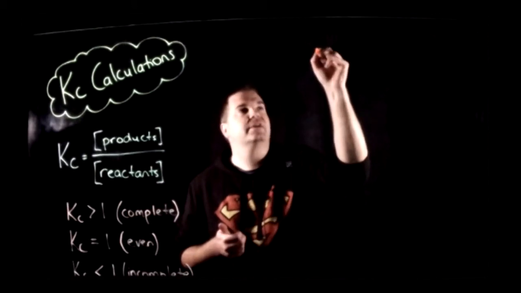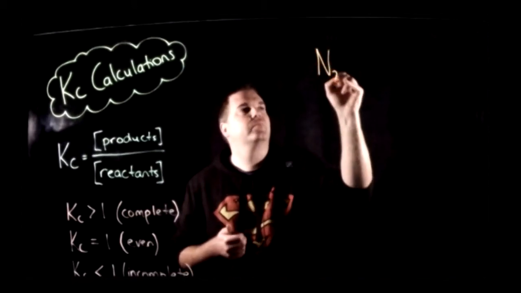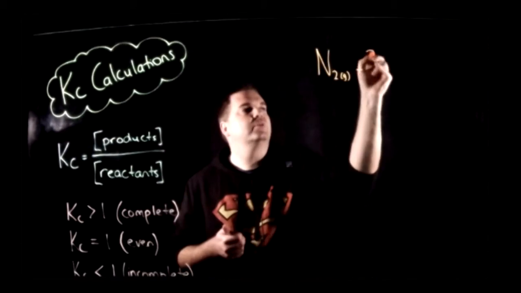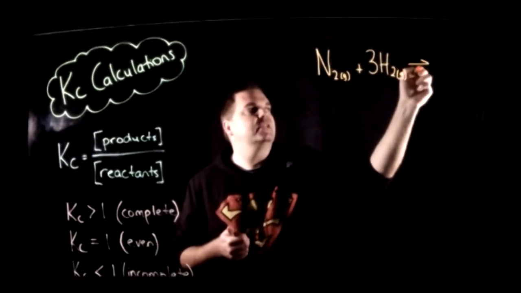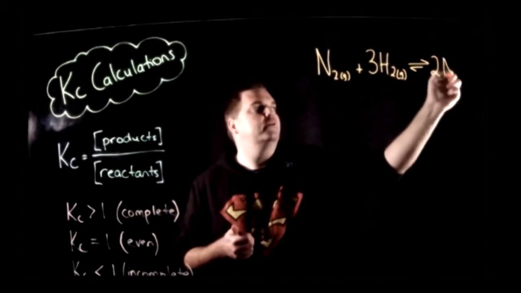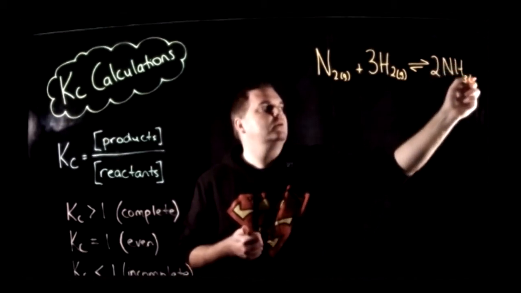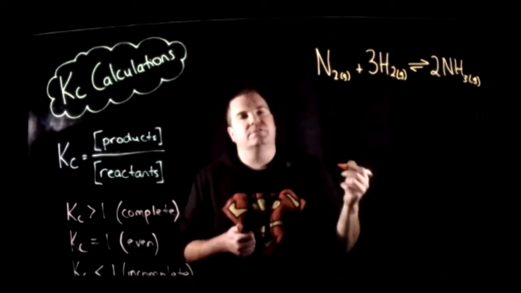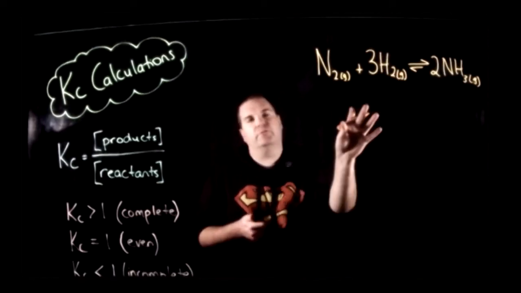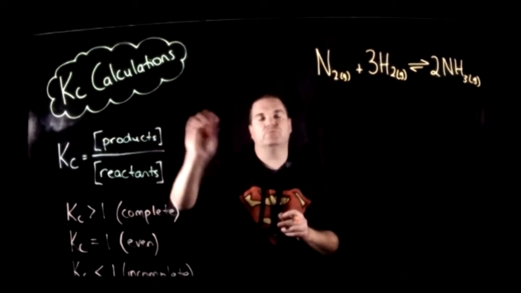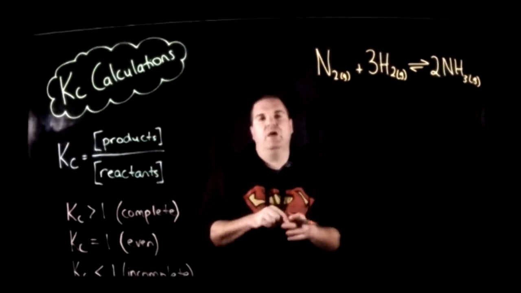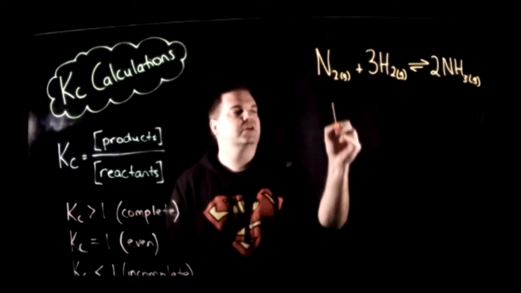All right, so the Haber process is this one. We have some nitrogen gas that reacts with some hydrogen gas, and is in equilibrium with 2 moles of ammonia gas. When you've got your equilibrium equation like this and you're trying to work out your Kc value from the actual concentrations in the question, you need to draw up a table, and your table looks like this.